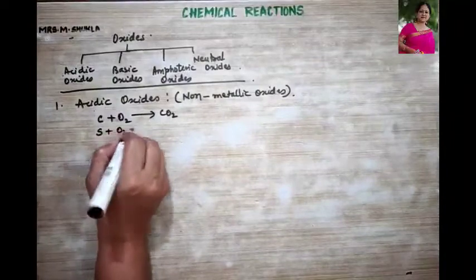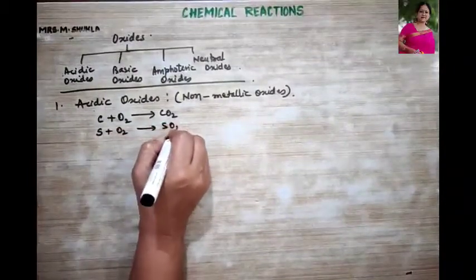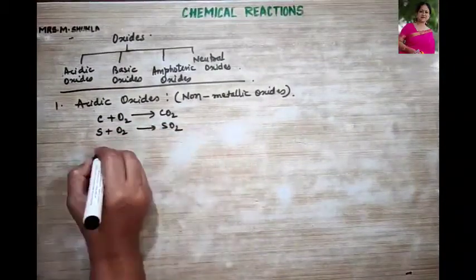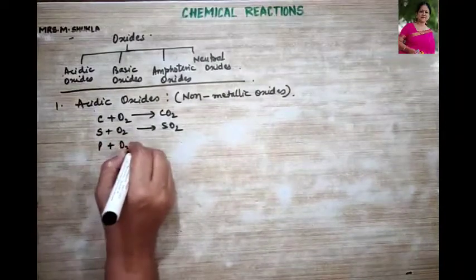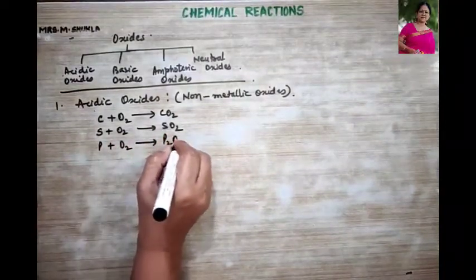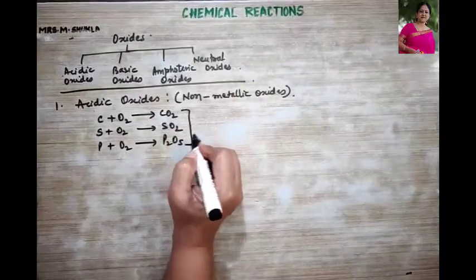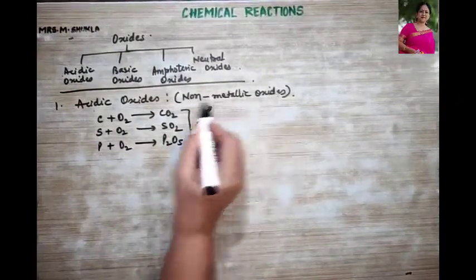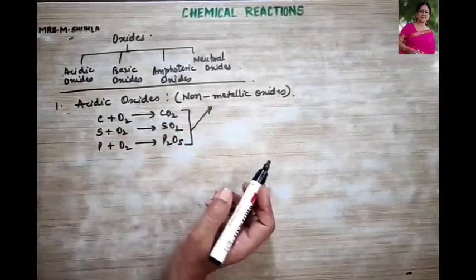Sulfur when combines with oxygen forms sulfur dioxide. Then phosphorus combines with oxygen, forms phosphorus pentoxide. So these are all your non-metallic oxides, which are also called acidic oxides.